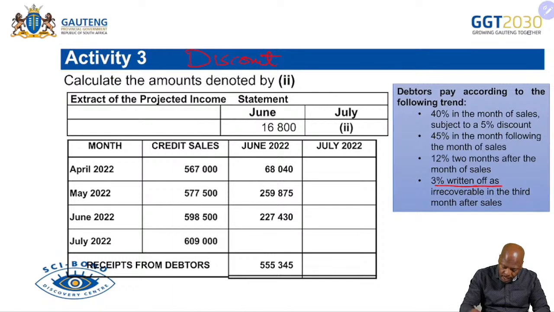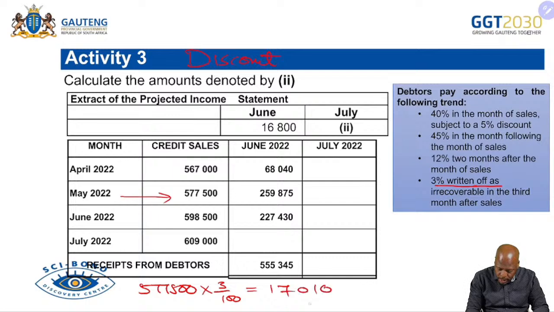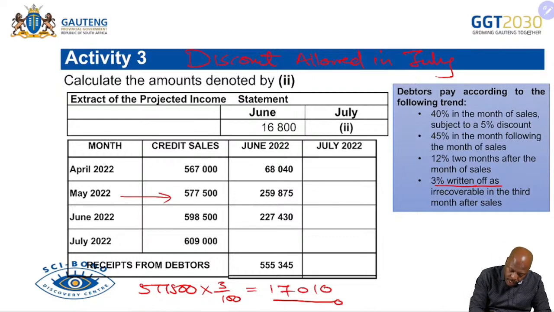So if you are to do that, you simply take your credit sales in May, which is your 577,500. You multiply that by 3%, and then it will give you your 17,010. This question wanted you to calculate the discount that was allowed in the month of July. The discount that was allowed in July. What is the discount allowed?